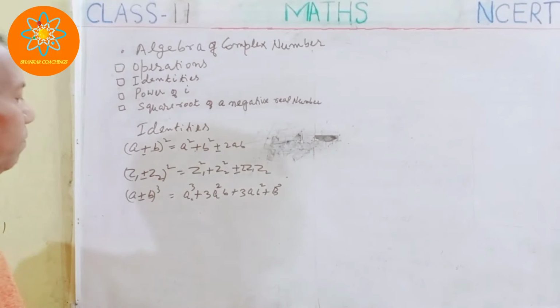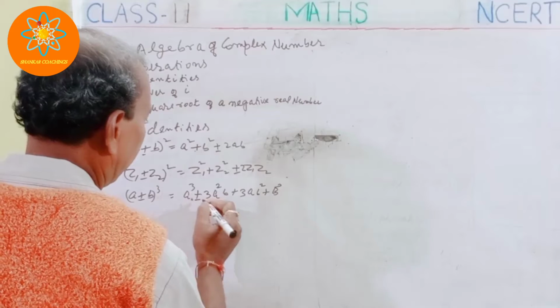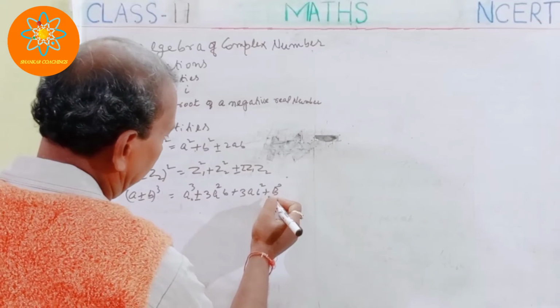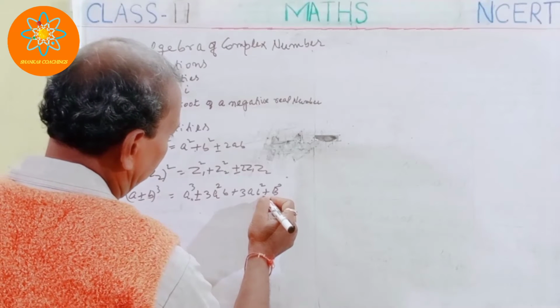Let's suppose I put a minus sign here, so here I will get the minus sign.